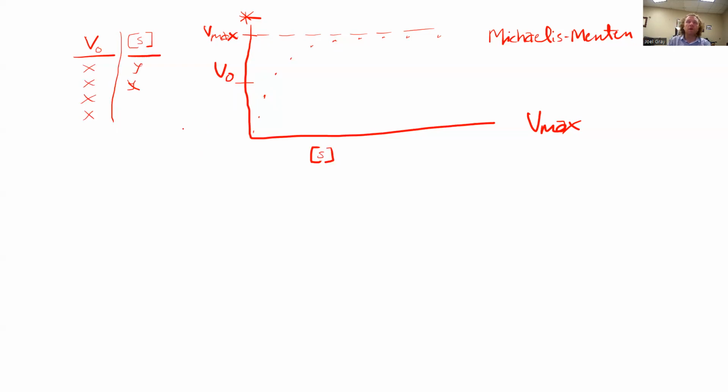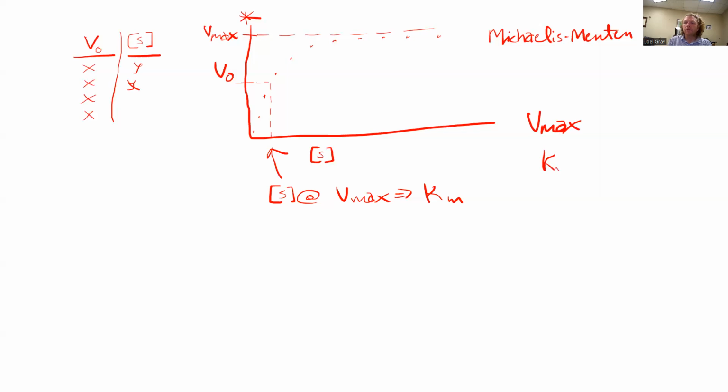What you'll be able to do with that is come up with a coordinate, a point that relates to that, and determine what the substrate concentration is at half of Vmax. When you know your substrate concentration at half of Vmax, effectively what you get is something known as your Km.